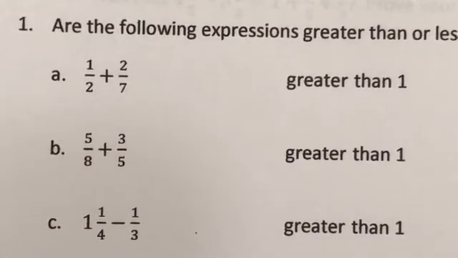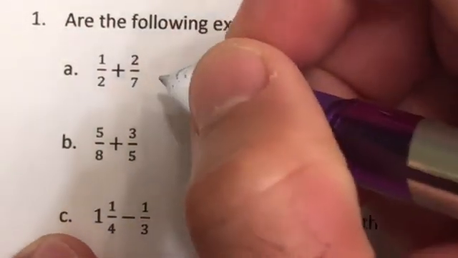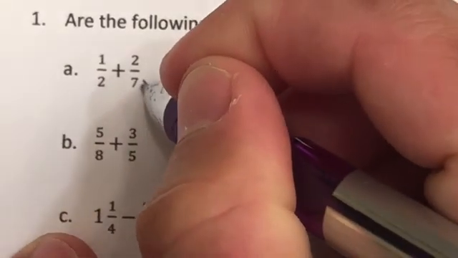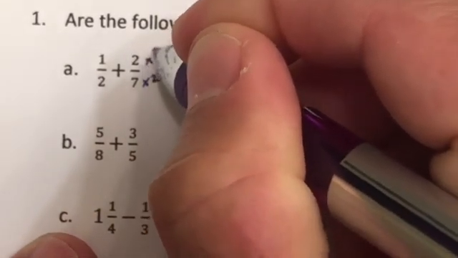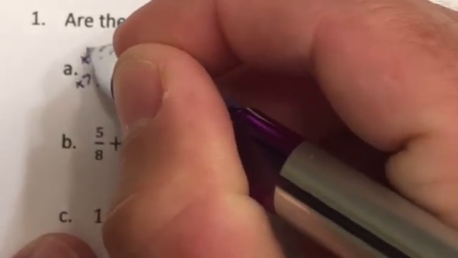Sorry about the wobble there. I know that for 2 and 7, the lowest common denominator is probably going to be 2 times 7, which is 14. So I have to multiply this side by 2, and this side by 7.